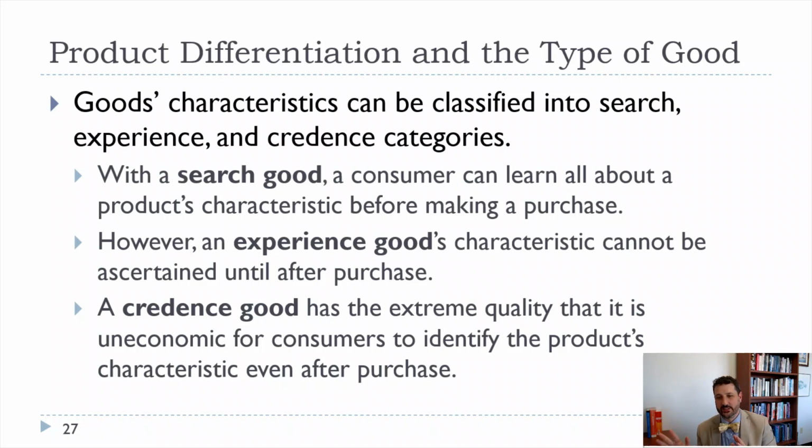It's an extreme example, but most goods I would say are either search goods or experience goods, and I would say more and more goods now tend to be search goods. But of course, that means that we can spend even more time researching purchases before we make them, which takes even longer.